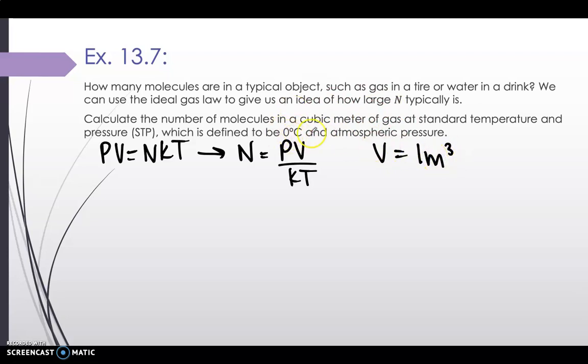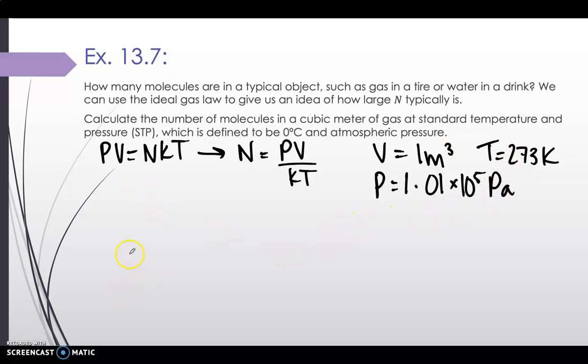Our temperature is 0 degrees Celsius, which means 273 Kelvin. Atmospheric pressure, P, is either 1 atmosphere or 1.01 times 10 to the 5th pascals. So using all of that information, we can solve for N, the number of molecules.